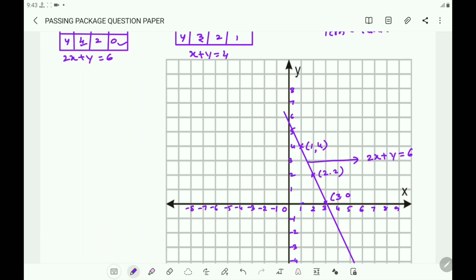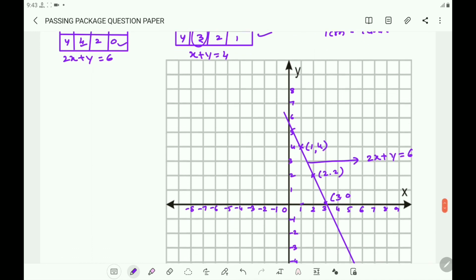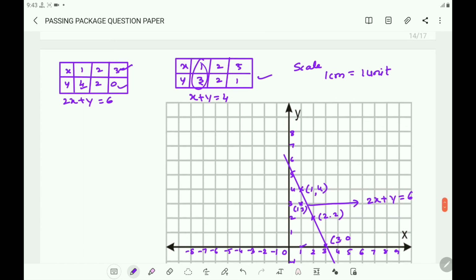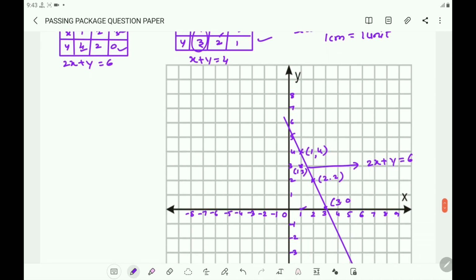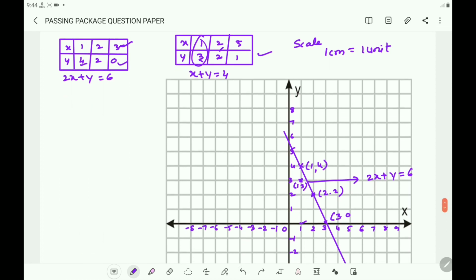Then next let us take the second column. 1, 3 is there. 1 is here, 3 means it comes here. This is 1, 3. Next 2, 2 comes same here. This is 2, 2. Next 3, 1 comes here.